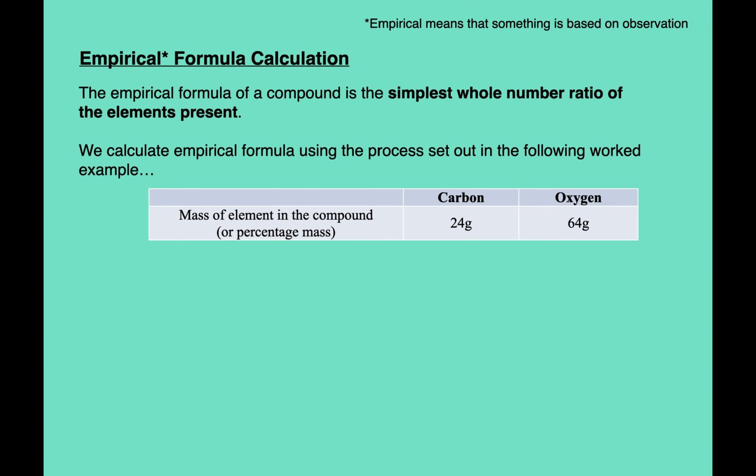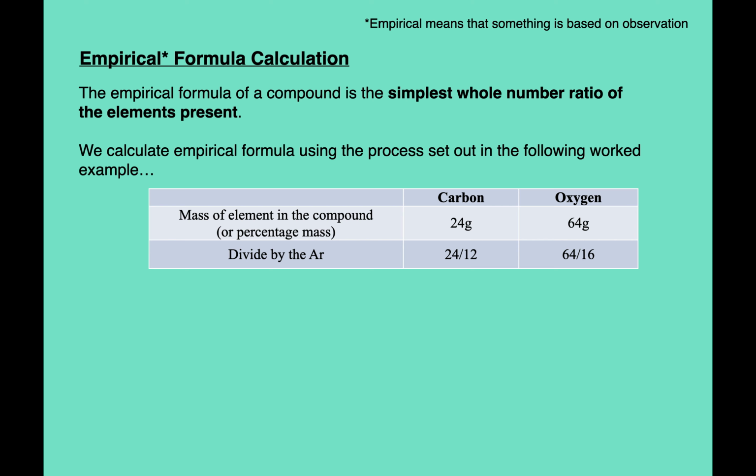So, for example, imagine we have a compound and we know there are 24 grams of carbon in the compound and there are 64 grams of oxygen in the compound. We could use percentages here, but we'll see an example like that later on. The first step is we divide by the relative atomic mass, the number we get from the periodic table.